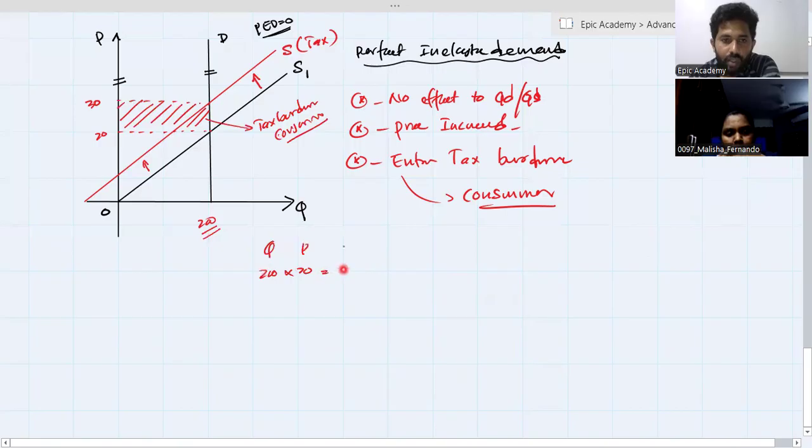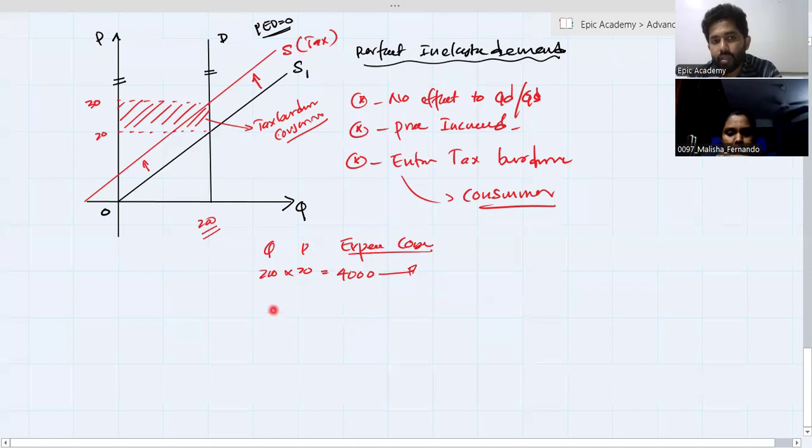So you can identify the expenditure of the consumer with a simple calculation. It is 200 multiplied by 20, it is 4,000. And this is the expenditure of the consumer.